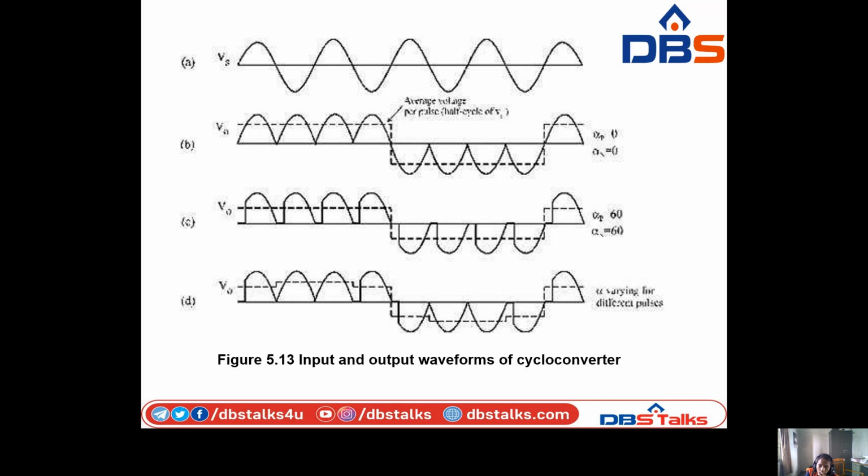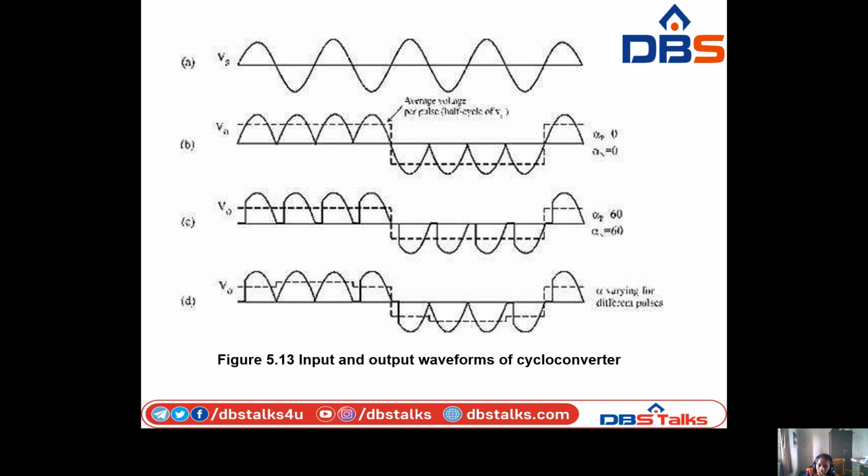For alpha equal to 0, the output is obtained only in the positive half cycle in one half, and in the other half it is obtained in the negative half cycle. For alpha equal to 60 degrees, the output voltage will be obtained like this, and the other half will be in negative mode.